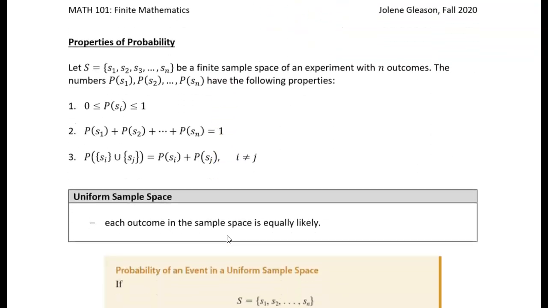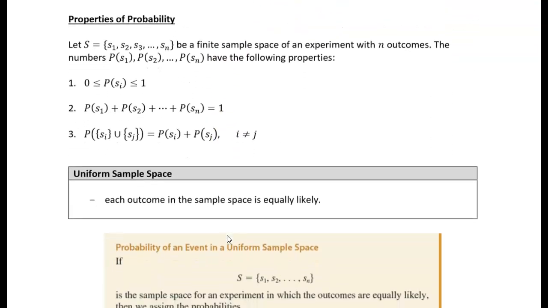Now, these are some properties that are out of your book. This gets a little bit cryptic. There's a lot of mathematical notation here, but hopefully I can show you how to translate these into English.